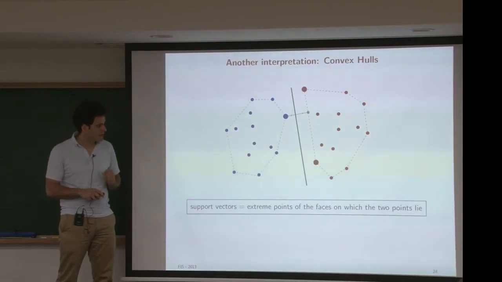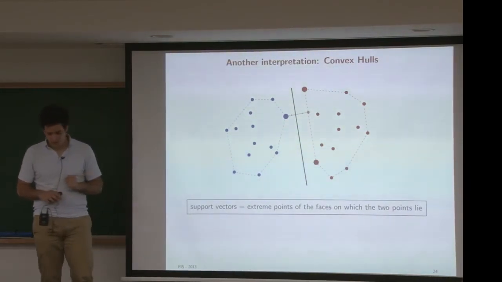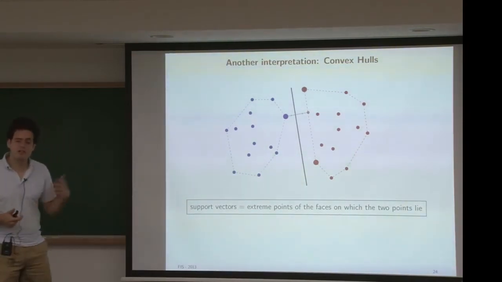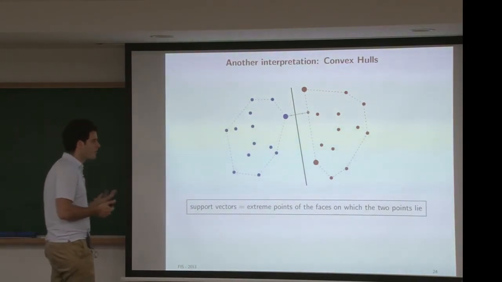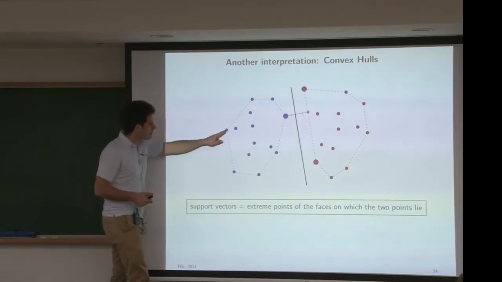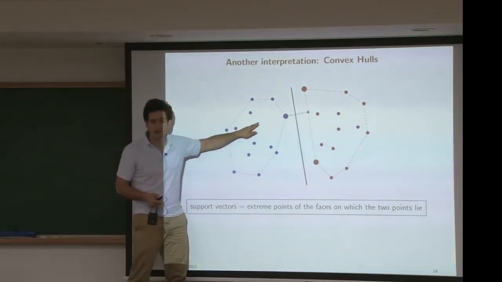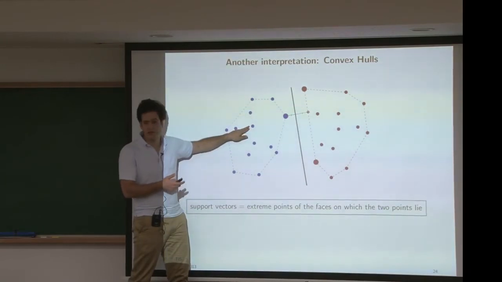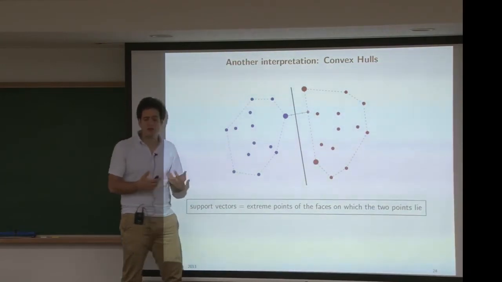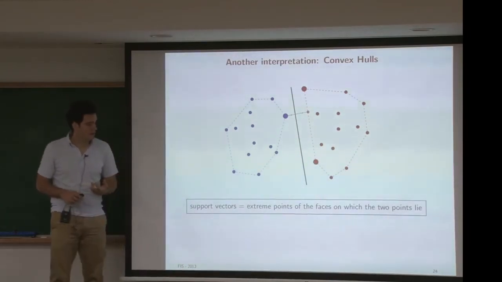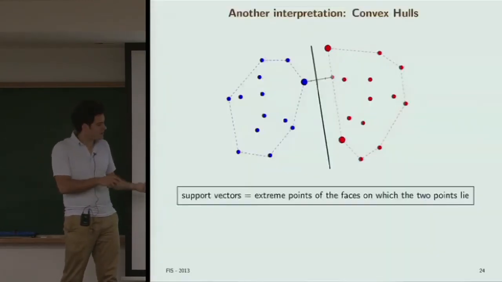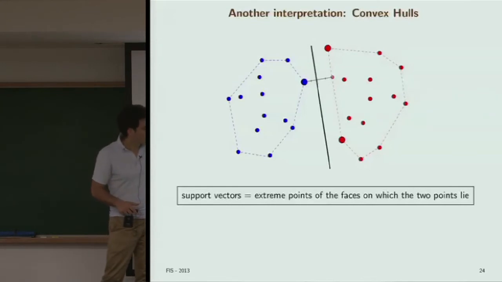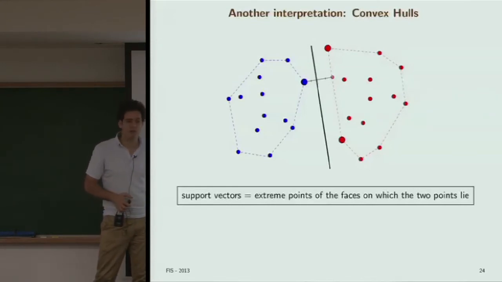And the support vectors are basically the extreme points of the facets of those convex hulls. So again, what you can see in this geometric interpretation, which holds, is that if you move points in this area, you're not going to change the fact that those 2 points are the ones which are the closest to each other. So again, there's going to be some robustness, or basically the SVM is ignoring the area here which is far from the hyperplane.